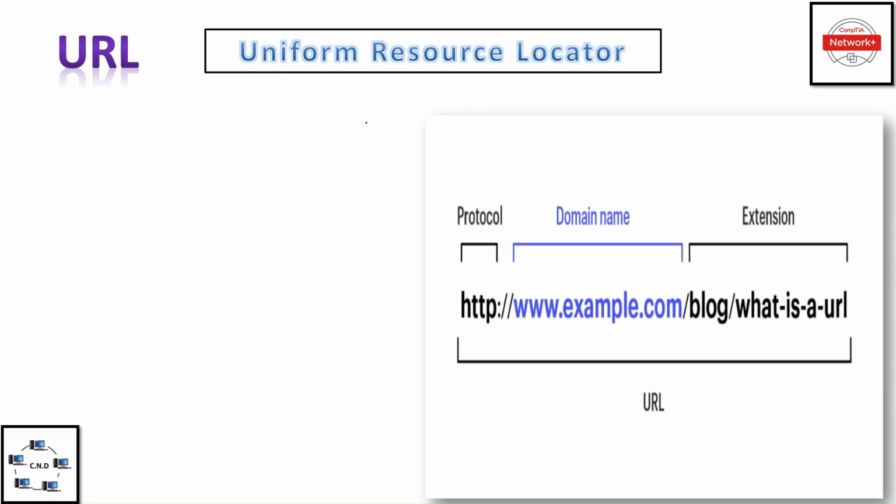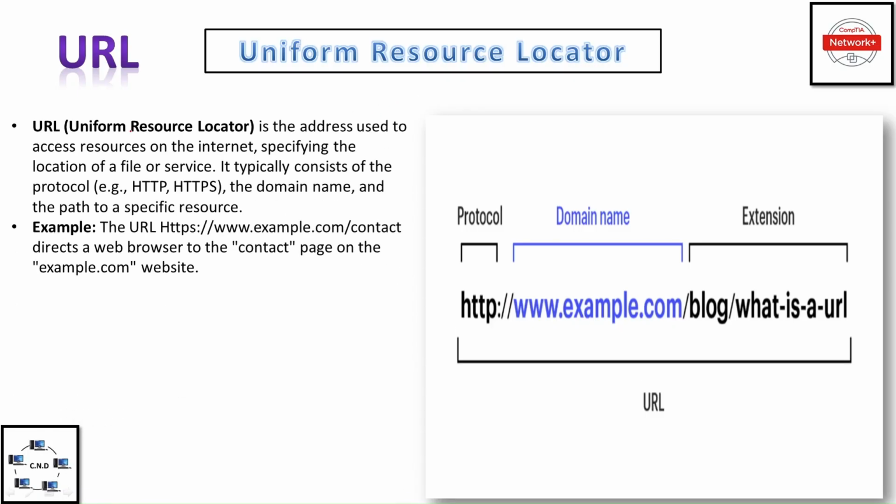URL, that is Uniform Resource Locator. So URL, Uniform Resource Locator, is the address used to access resources on the internet, specifying the location of a file or service. It typically consists of the protocol, for example, HTTP and HTTPS, the domain name, and the path to the specific resource.